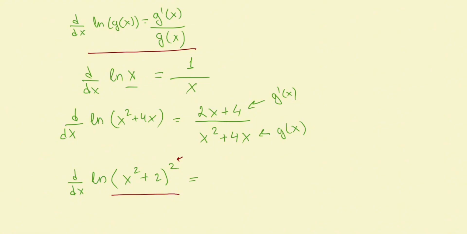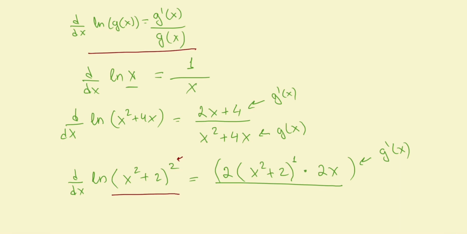So using the chain rule, we bring that power down, we derive the outside function, this would be power 1, times derivative of the inside, which is 2x. This whole thing is the derivative of g of x. Now the denominator is going to be (x squared plus 2) squared.